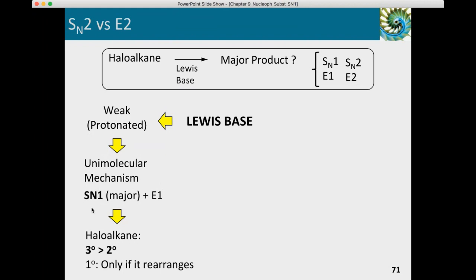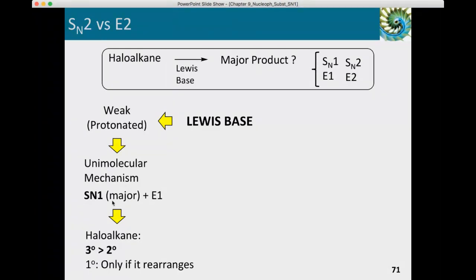Nucleophilic substitution is usually and mostly the major product of the reaction. The major elimination product, remember, will be the most stable alkene, the one with the highest substitution.